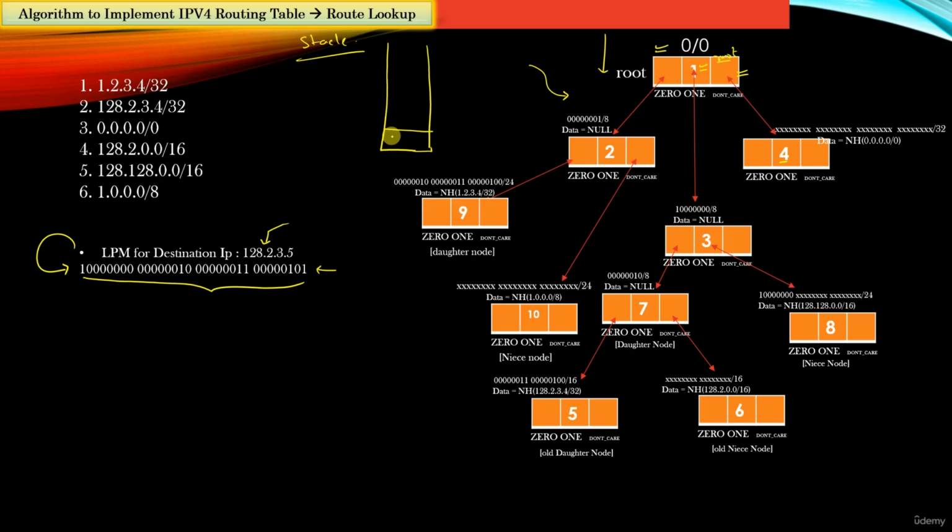So in the stack we push the node number 4, and we also push the second thing in the stack, and that second thing is the number of bits of the input string which has been parsed so far while we are traversing this mtry data structure from top to bottom. At this point of time, we are at the root node, therefore the number of bits of the input string that we have parsed so far is 0. Alright, that is, we are on the first bit.